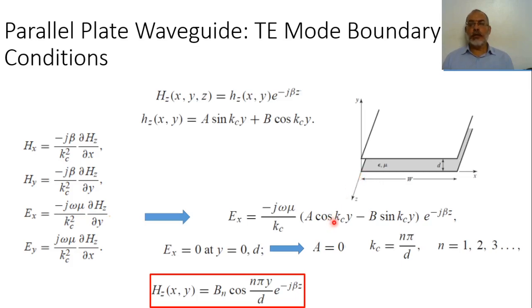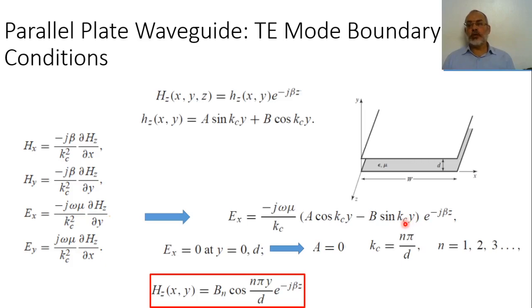Now we have A equals 0. On the other hand, at y equals d, we have minus j omega mu over kc multiplied by minus B sine kc d. Now we have two options: either B equals 0, which is not accepted because in this case both A and B would be 0 and there would be no fields at all, or sine kc d equals 0.